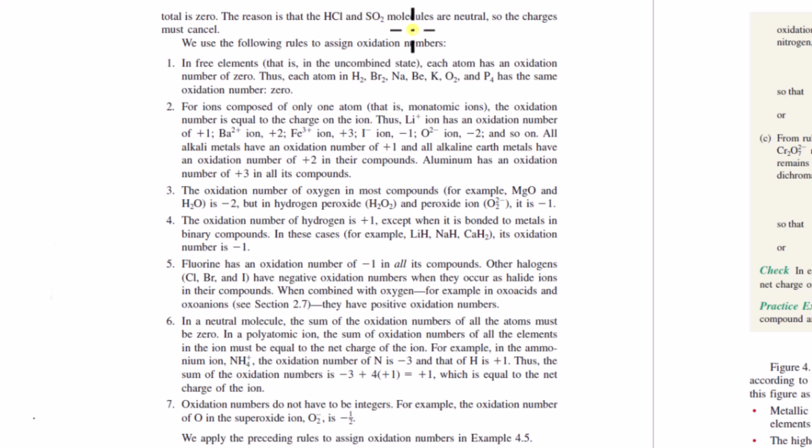And the reason is because the molecules are neutral, so the charges must cancel. Now, in general, we can come here to rule number 6. It says, in a neutral molecule, the sum of the oxidation numbers of all the atoms must be 0. In a polyatomic ion, the sum of oxidation numbers of all the elements in the ion must be equal to the net charge of the ion.